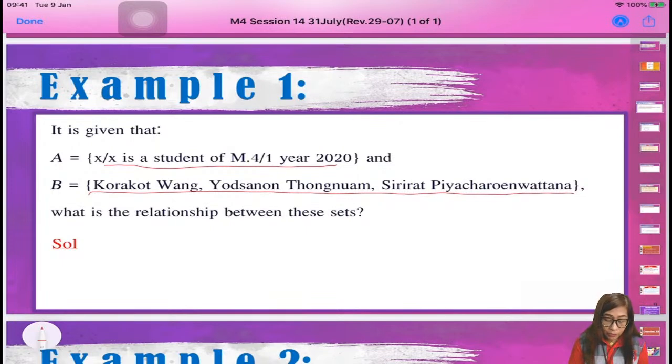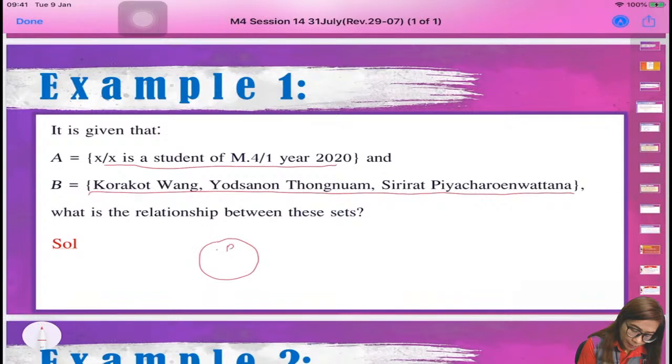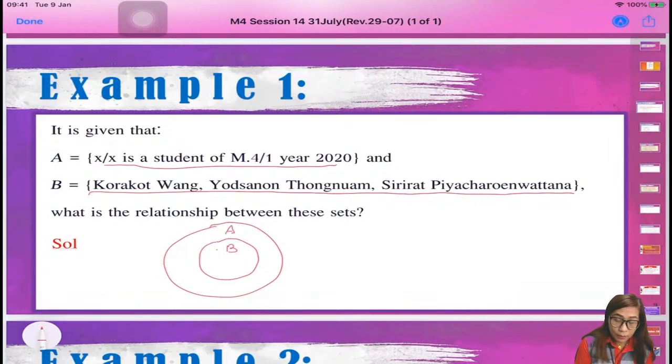So what is the relationship between these sets? If you make circles or diagrams to show the relationship, this is B, and this is A.